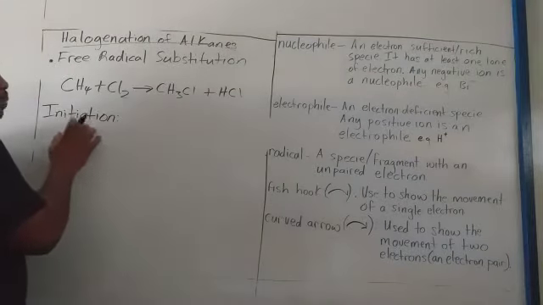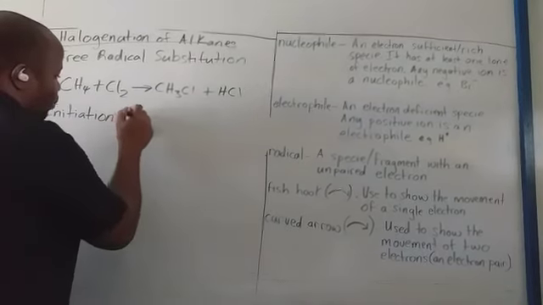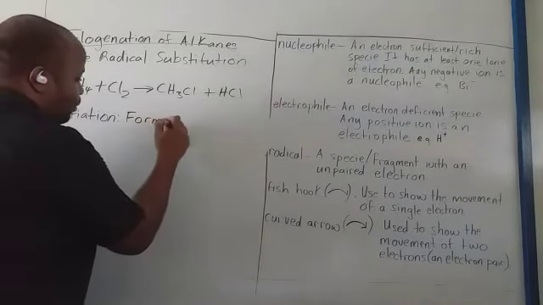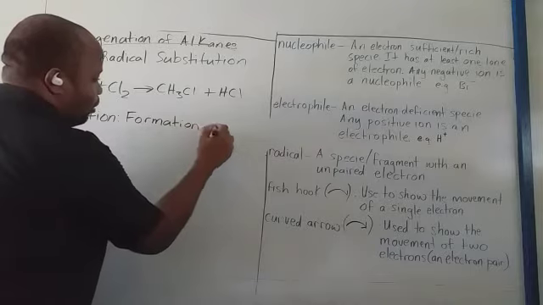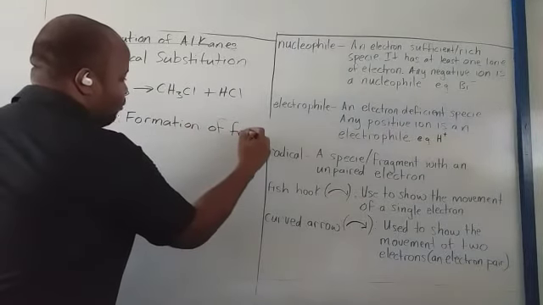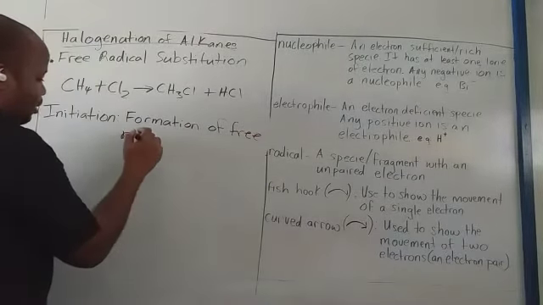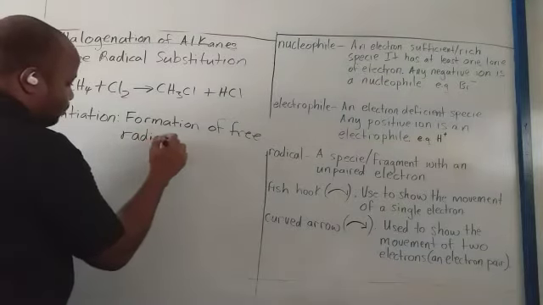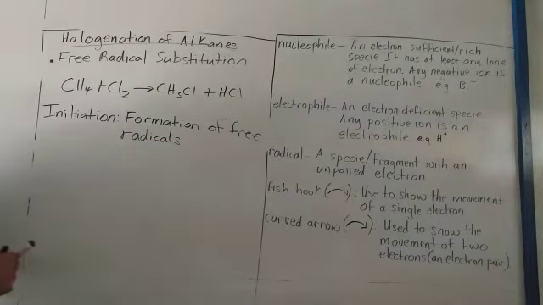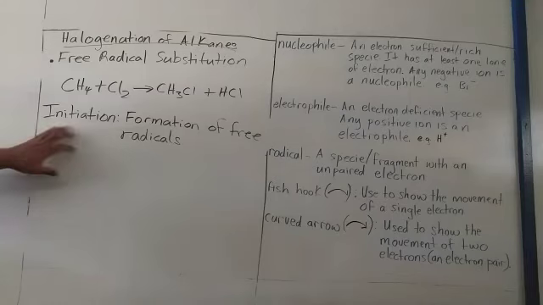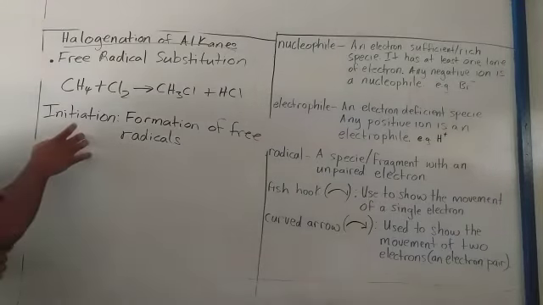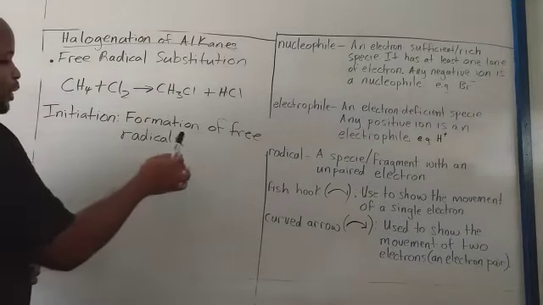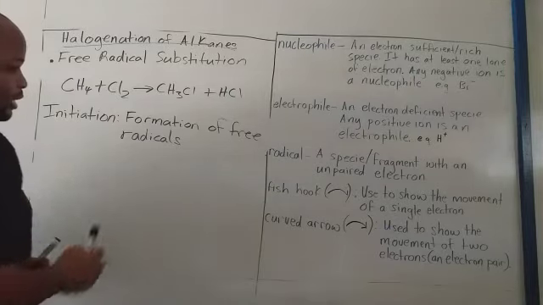So what is going to happen in initiation? In initiation, we will have formation of free radicals. So step one is initiation, and in initiation, we will have formation of free radicals.